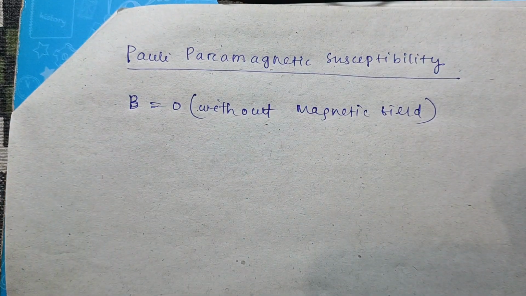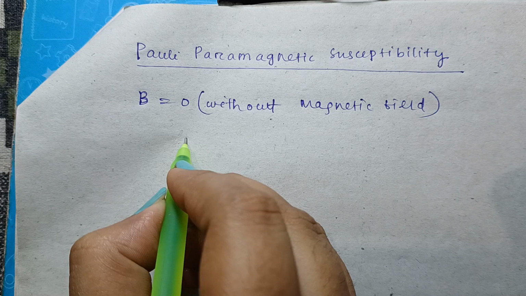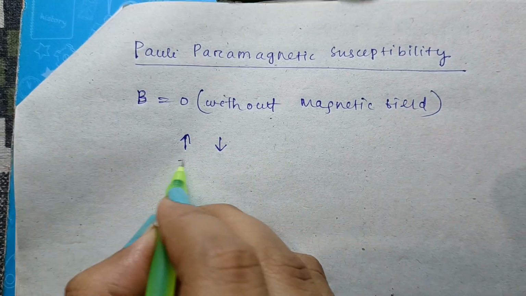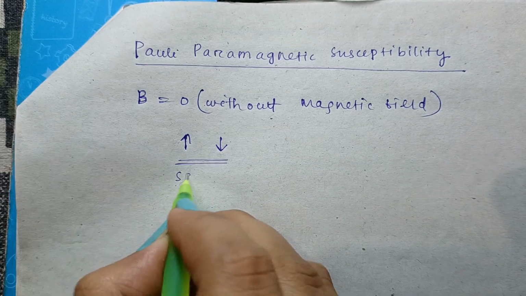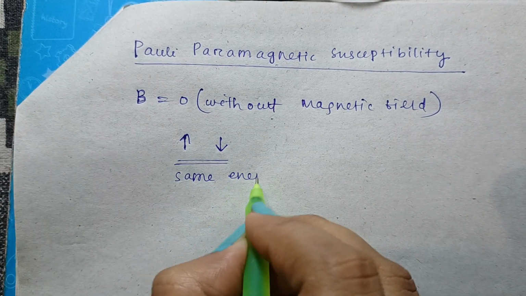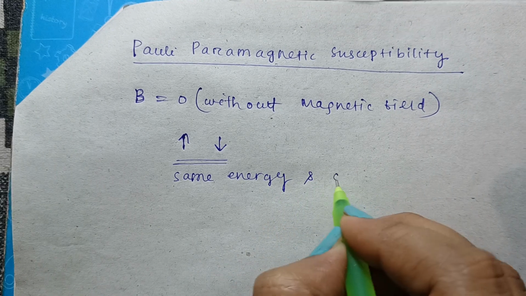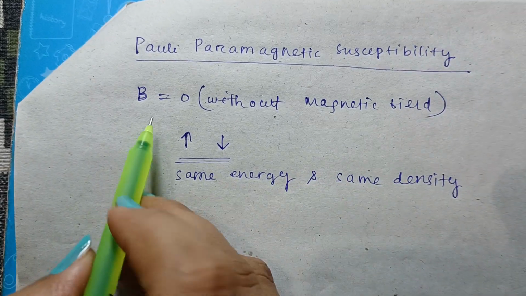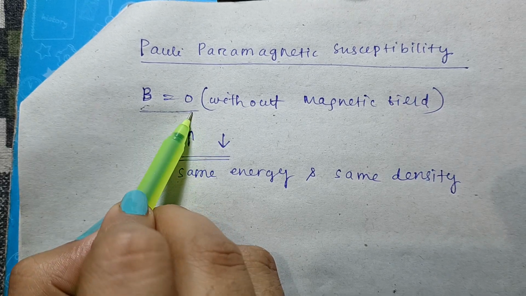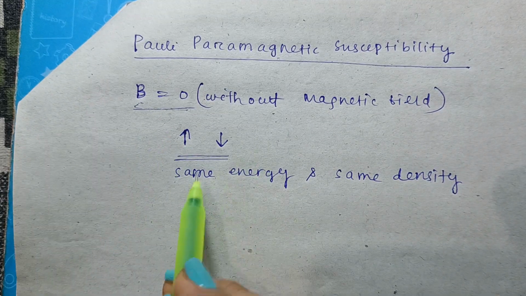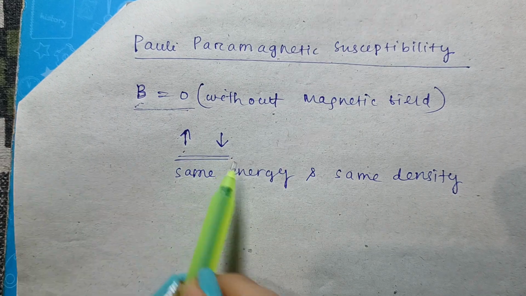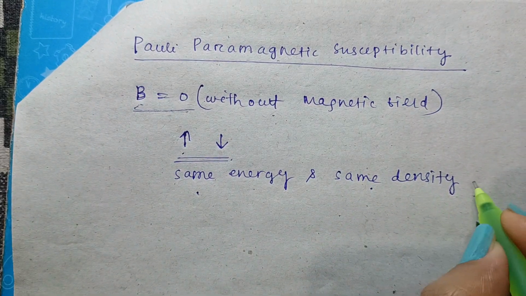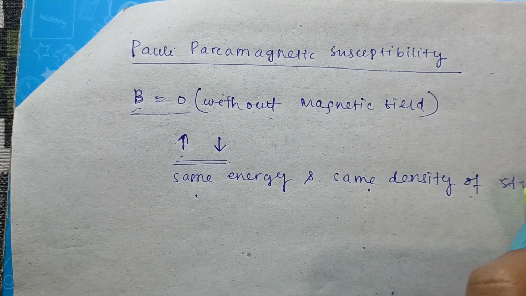Without a magnetic field, each of the free electrons, whether its spin is up or down, will have the same energy and also the same density of states.